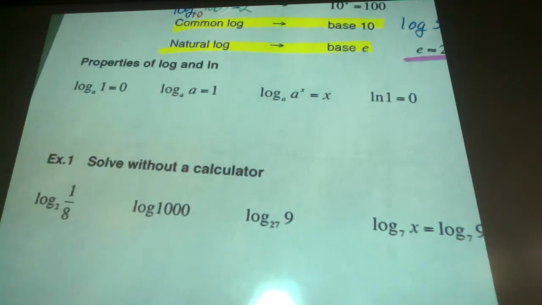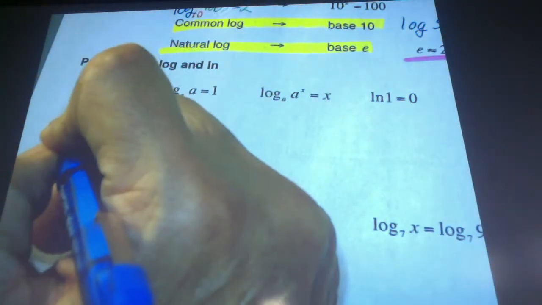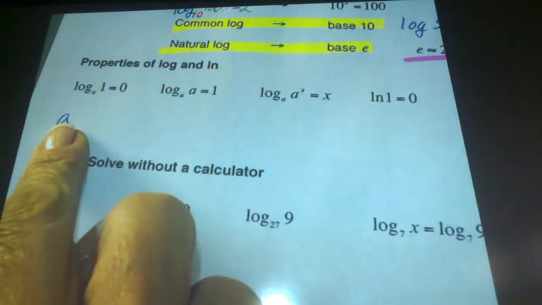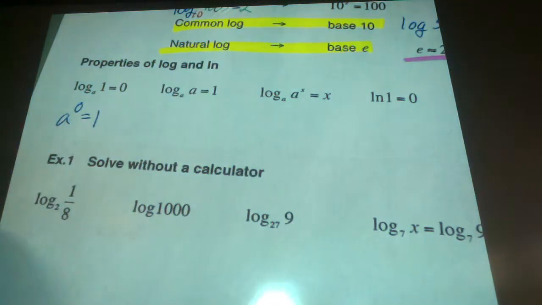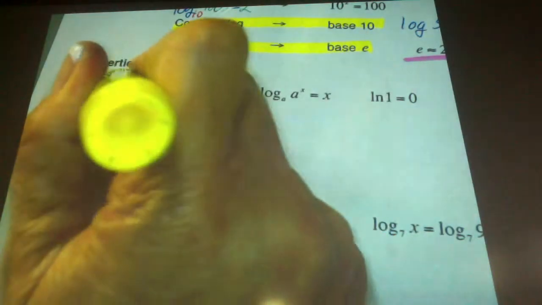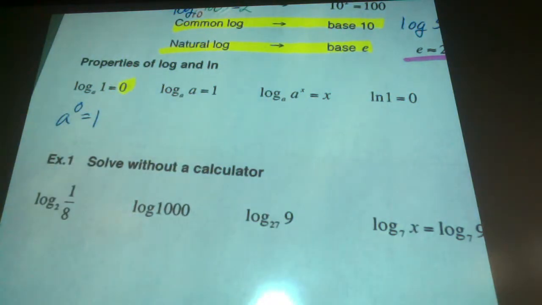And if I take that out of log form and put it into exponential, I've got a, because the base here is a, and then switch the 1 to 0. So a to the 0 is equal to 1. Isn't that true? Anything with a 0 power is always equal to 1. So anytime you take the log of 1, its value is 0.